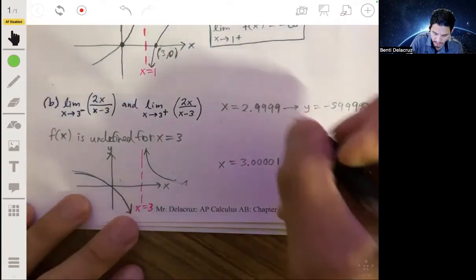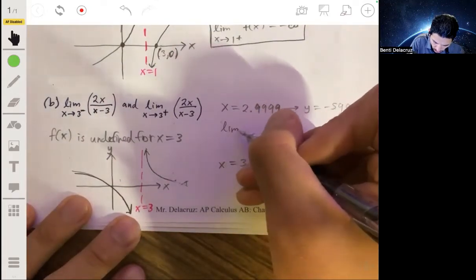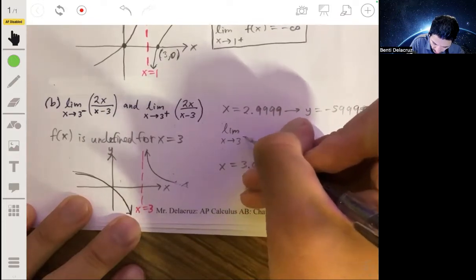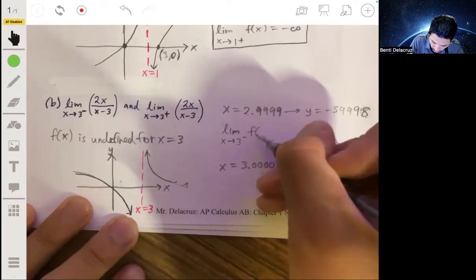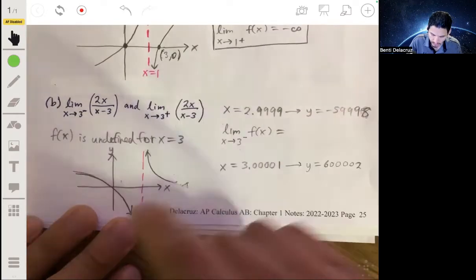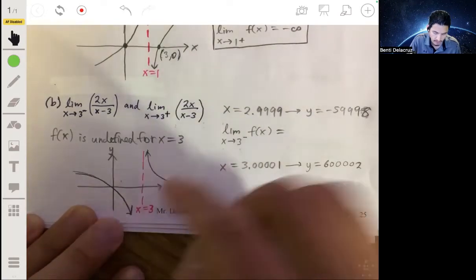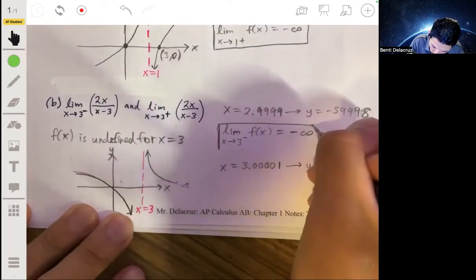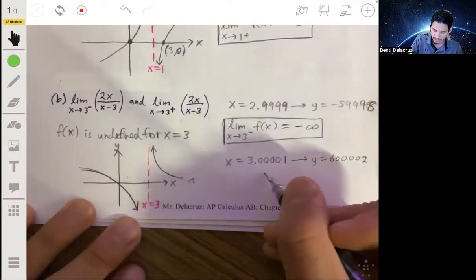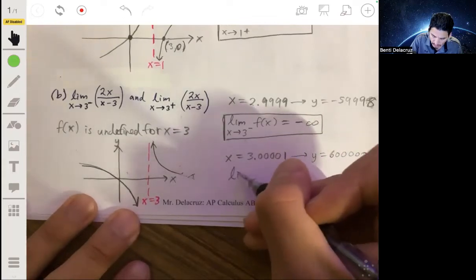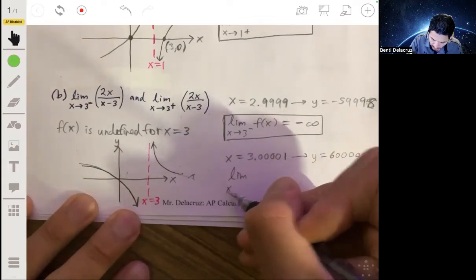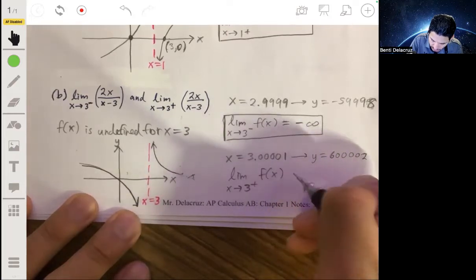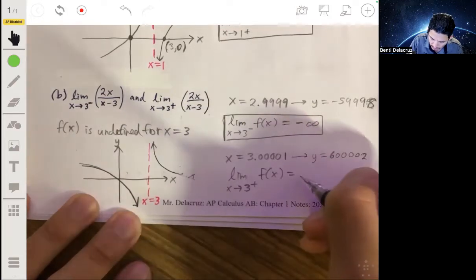So then we say its limit as x approaches 3 from the negative side of f of x, in this case, will be negative infinity. And the limit as x approaches 3 from the positive side of f of x will be positive infinity.